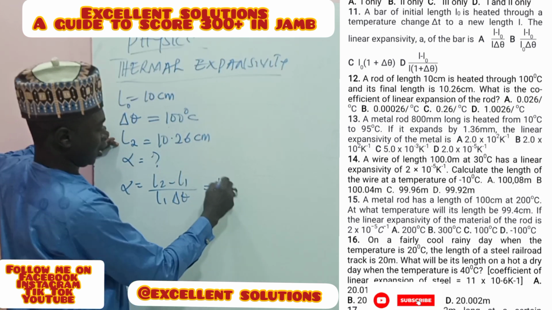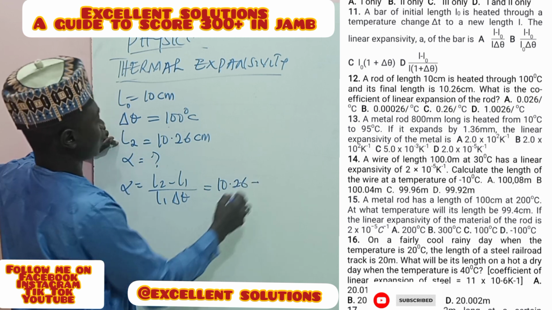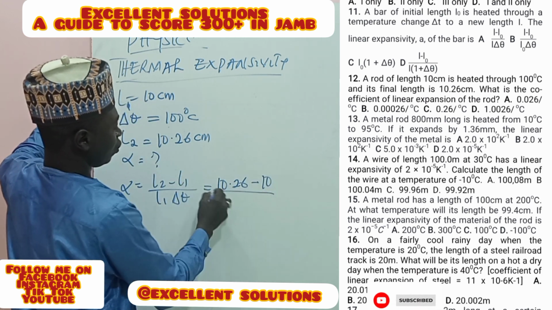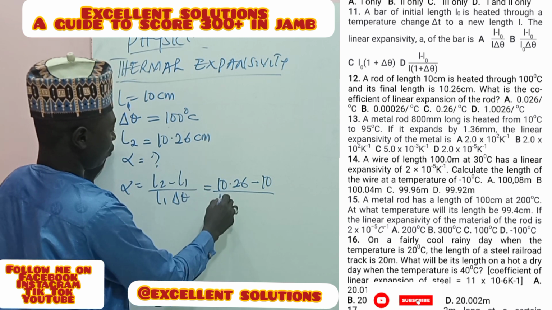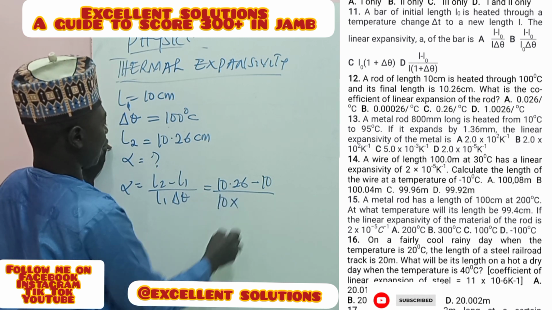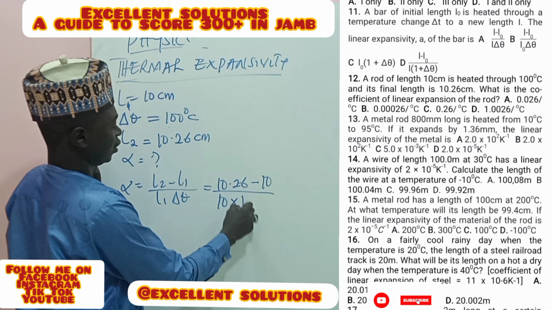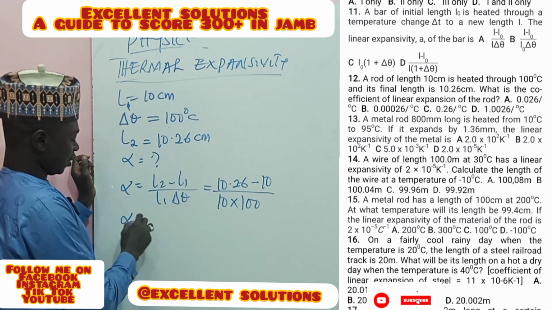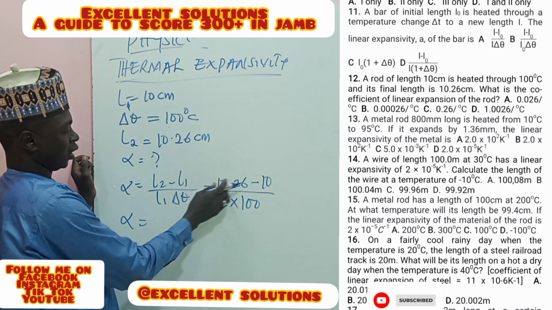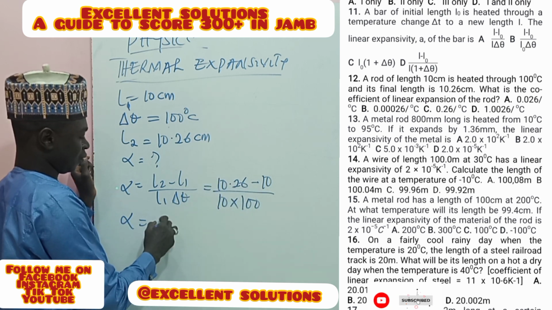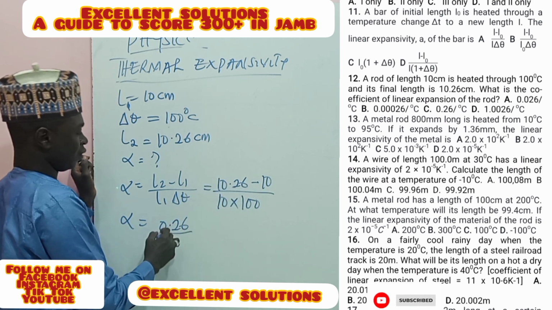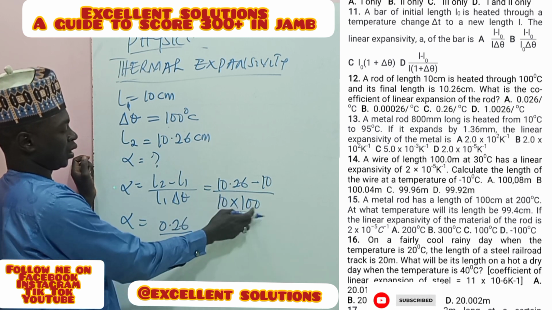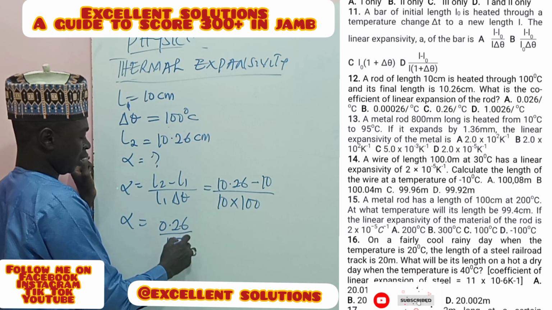We have 10.26 minus our L1, which is 10, over our L1, which is 10, multiplied by our delta theta, which is 100 degrees Celsius. So this now gives us alpha equals 10.26 minus 10, we have 0.26, divided by L1, which is 10 times 100, we have 1000.